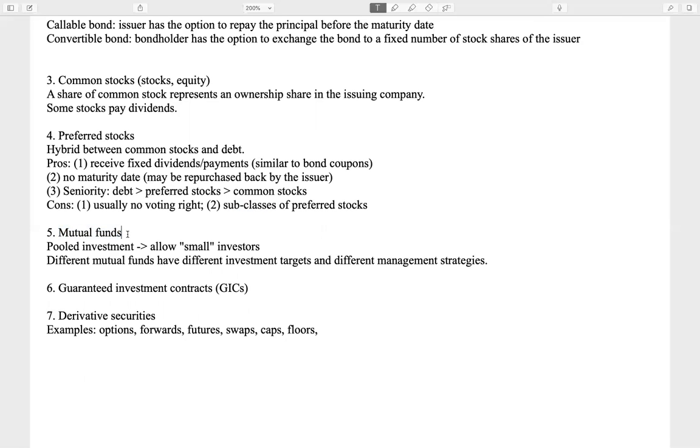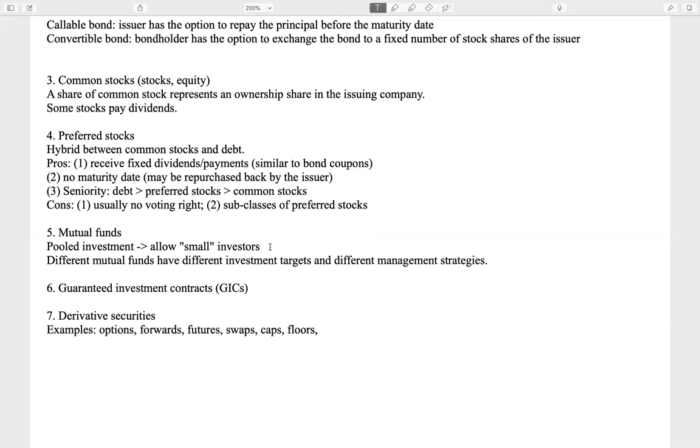Mutual funds are good because they allow small investors to do big things. So let's say I only have $5,000. If I want to invest in the stock market, I can only buy very, very few stocks, right? $5,000 is not enough even to buy 2 Amazon shares, right?